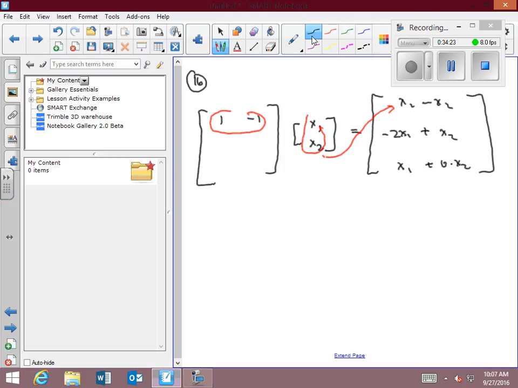And then the next one should be what? Minus 2 and a 1. Because you multiply the row times this, and that gives you that thing right there, right? And then you'd have to have 1 and 0. So your A transformation matrix is going to be, the first column is 1, minus 2, 1, and the second column is minus 1, 1, 0. So that's how you figure those kinds of problems out.